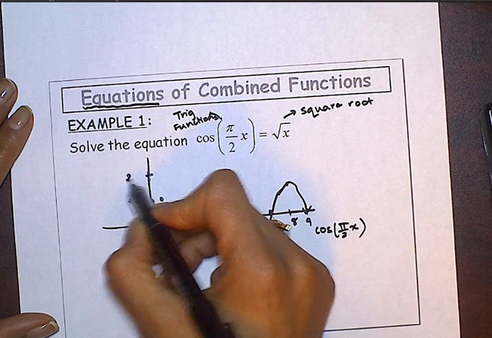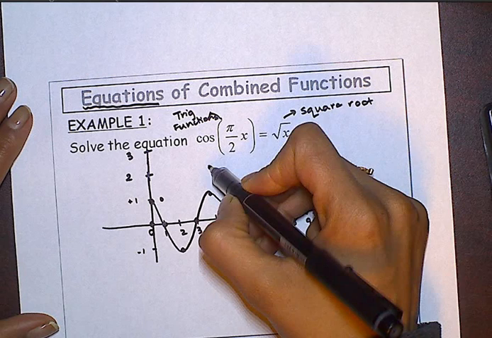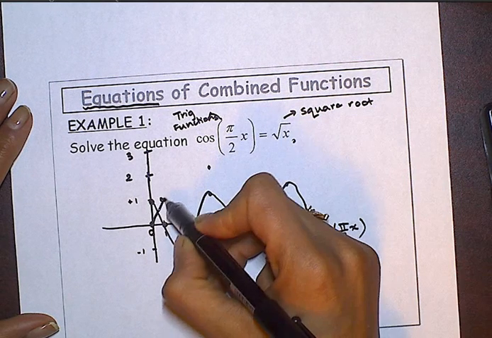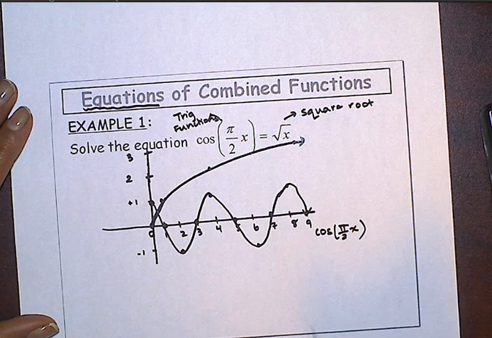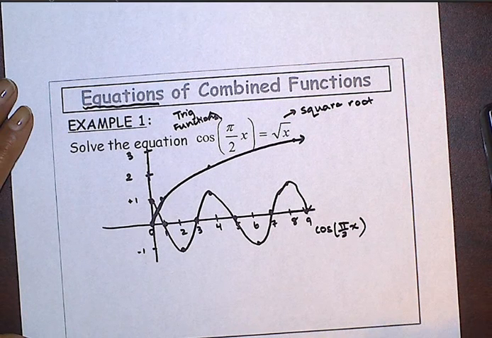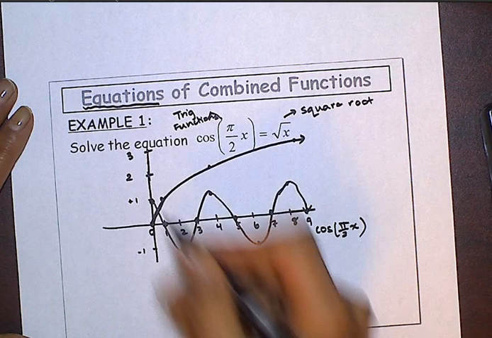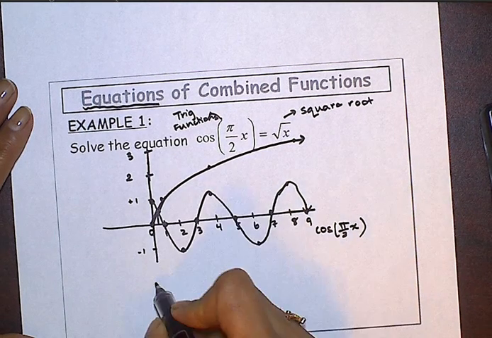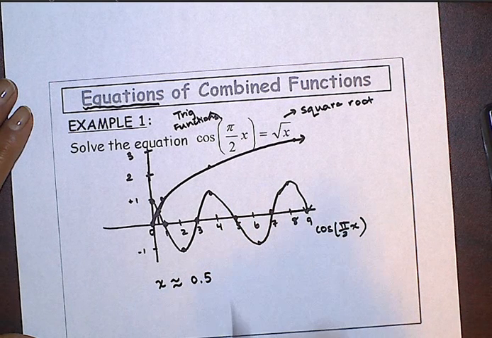Whenever you are graphing and trying to figure out the solution through a graph, you do have to estimate, so try your best to figure out where that point of intersection is. In this case, I'm going to approximate that x is approximately equal to 0.5. So I've solved this equation graphically because I have two different types of functions, and I'm just trying to figure out where those functions intersect. In this case, it's approximately at 0.5.